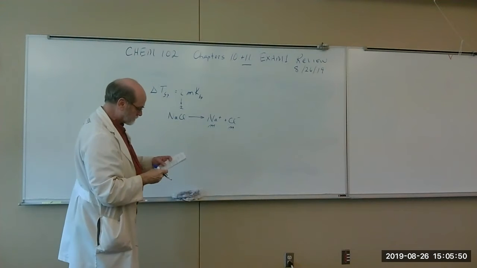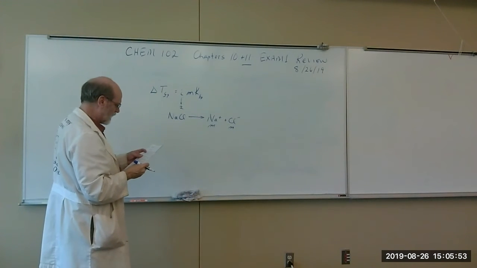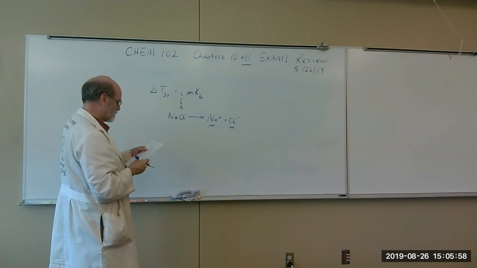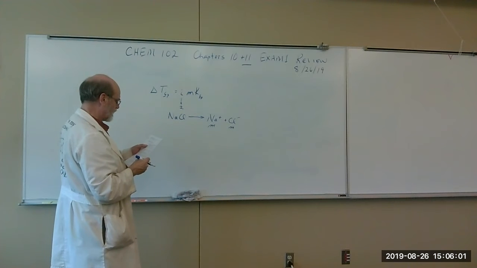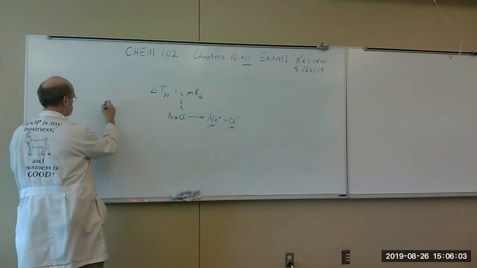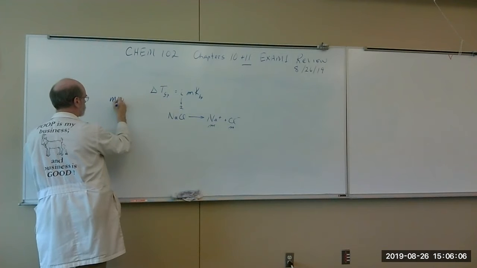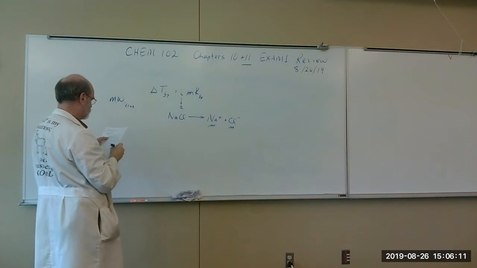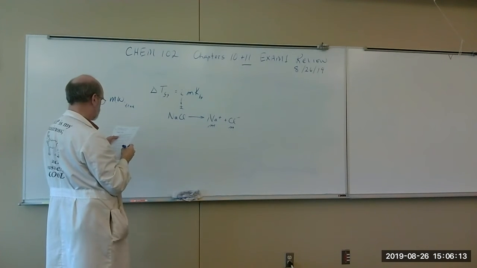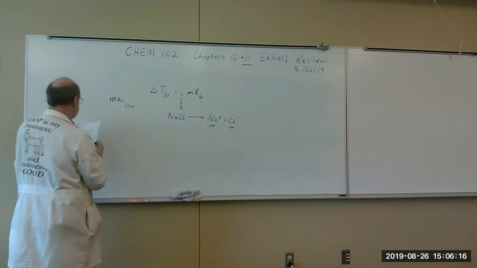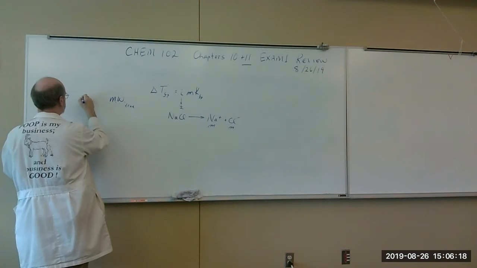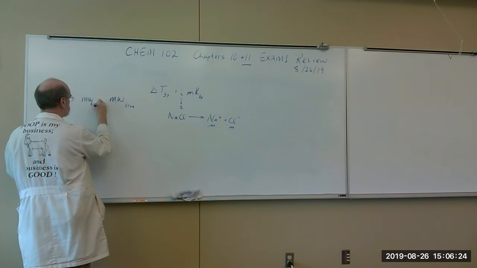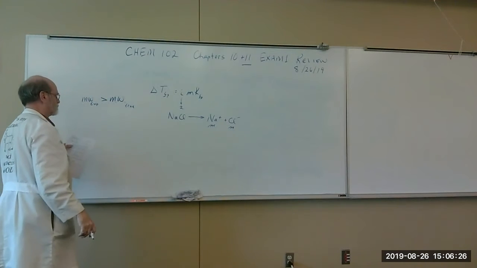Okay. So now, let's say we determine the molar mass of a solid by freezing point depression, and we know what the true value is. So the molar mass, or molecular weight, true value, the one we determined experimentally is greater than that one.